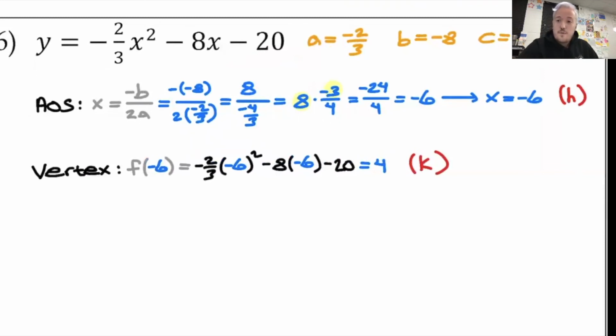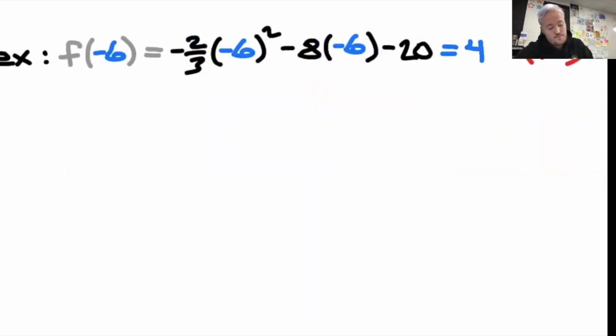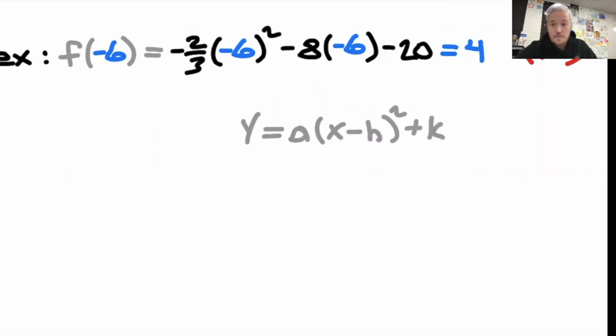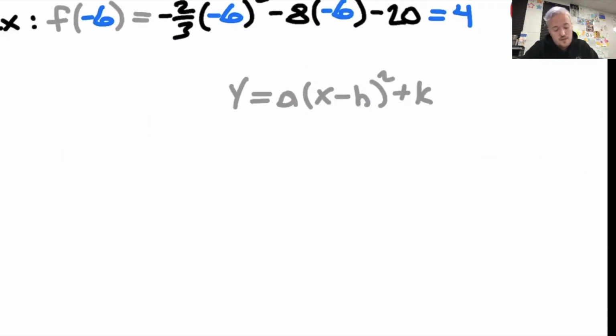All right, so now I'm going to write it in vertex form. So y equals a parentheses x minus h all squared plus k. Once again, broken record here, a, h, and k. Your a value is a negative 2/3.